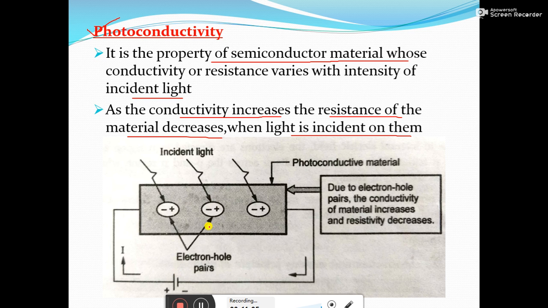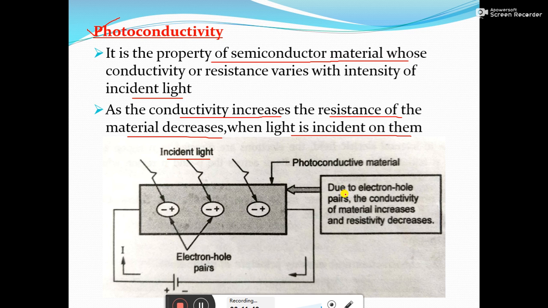So there are three ways in which electron hole pairs are generated in a semiconductor bar. The first is based on the bias voltage. The second is thermally generated electron hole pairs, due to the increase in temperature at the junction. In addition to those two phenomena, some more electron hole pairs are created in excess due to the incident light energy.